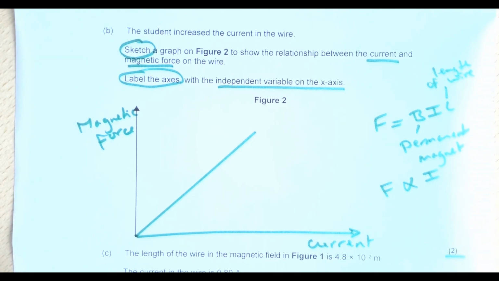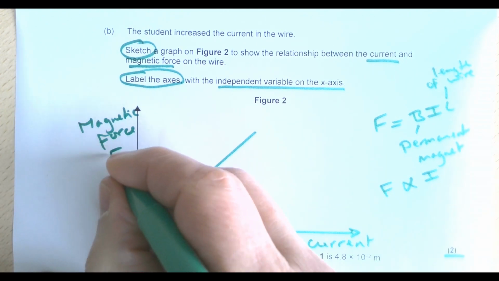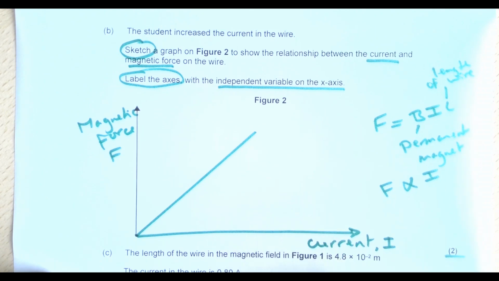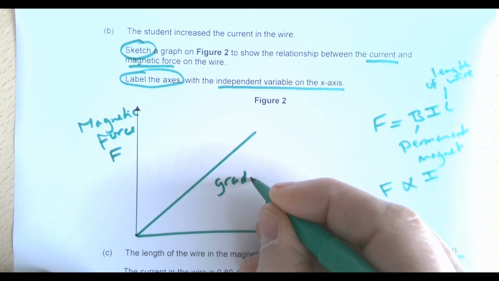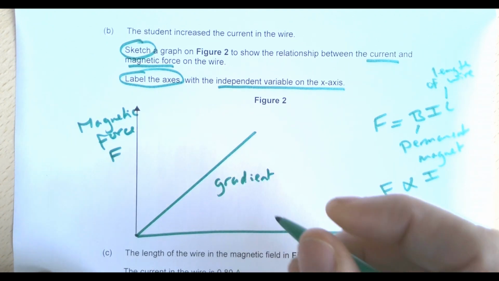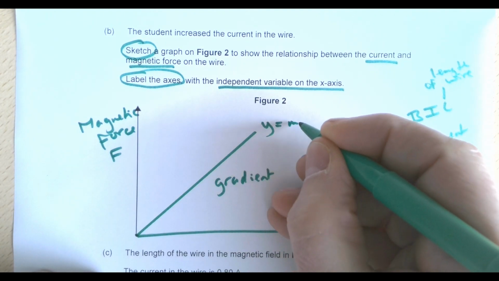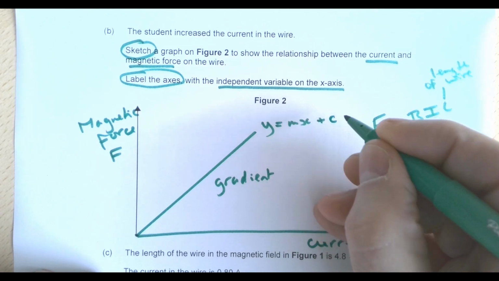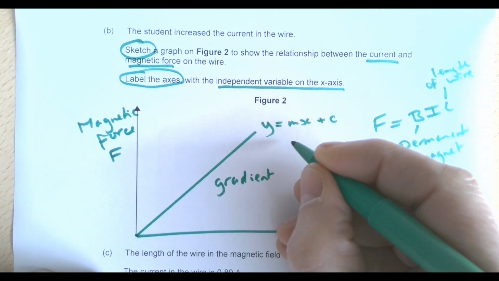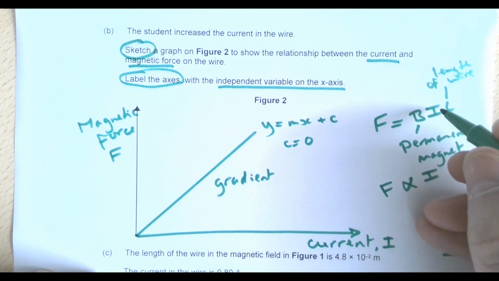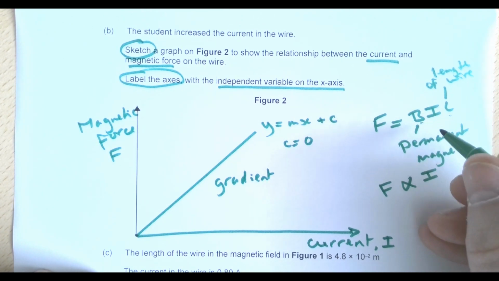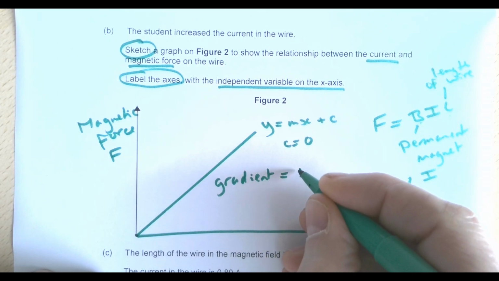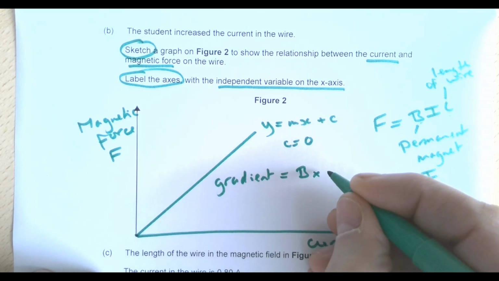And because I know the force, this is F, I know that gradient, I'm going to write this in because it is of the form y equals mx plus c. Well, I know c equals 0 because there is no c here, but I know the m, the gradient is B times L.